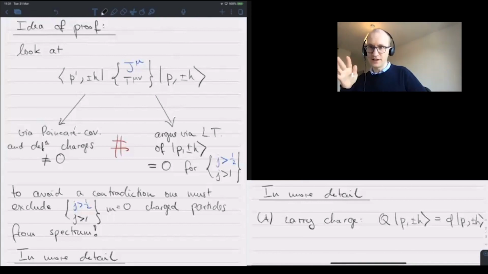So in this section, I'm making sure that momentum I always call P and P primed, because Q is reserved for charge.